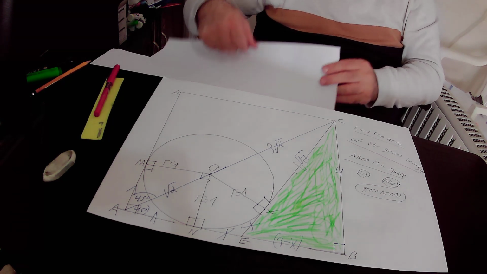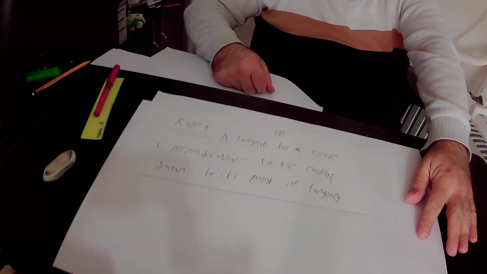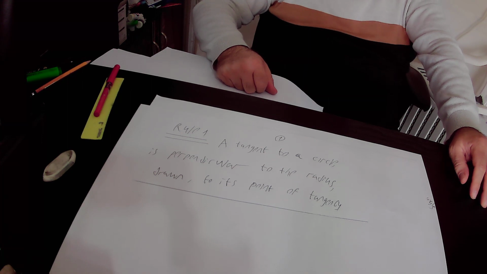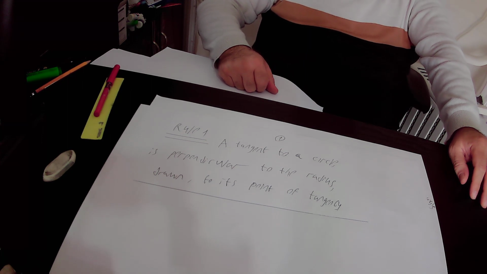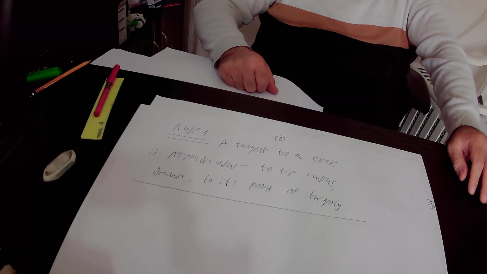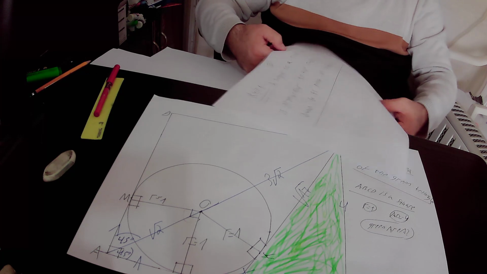So, first of all, I presented to you rule number 1. According to rule number 1, a tangent to a circle is perpendicular to the radius drawn to its point of tangency. So what is the meaning of rule number 1?